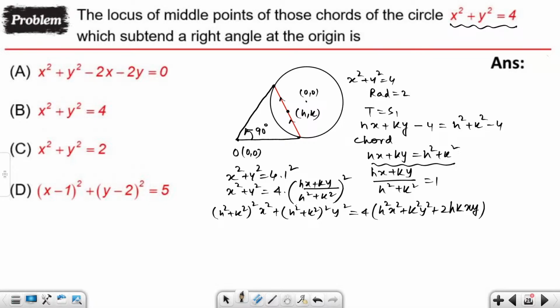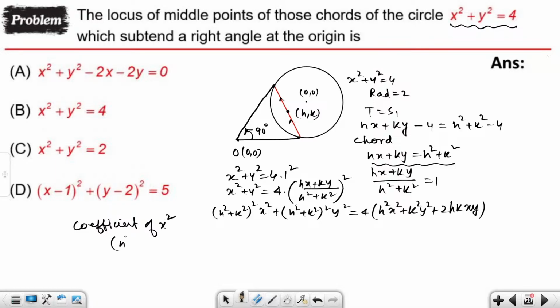Now what I taught you is that whenever this line is making an angle of 90 degrees at the origin, then after homogenizing, you equate the sum of the coefficient of x square and the coefficient of y square to 0. This we have already covered in the straight line chapter, as I told you. So what is the coefficient of x square?